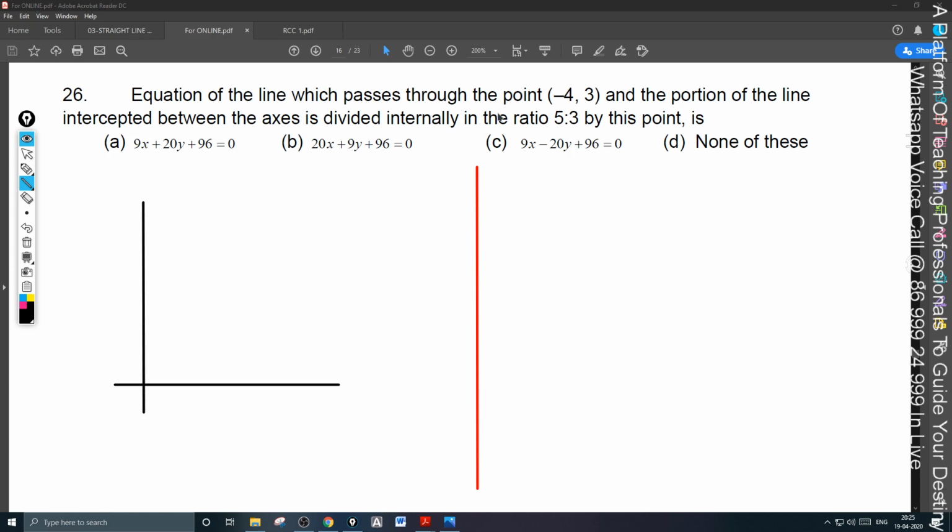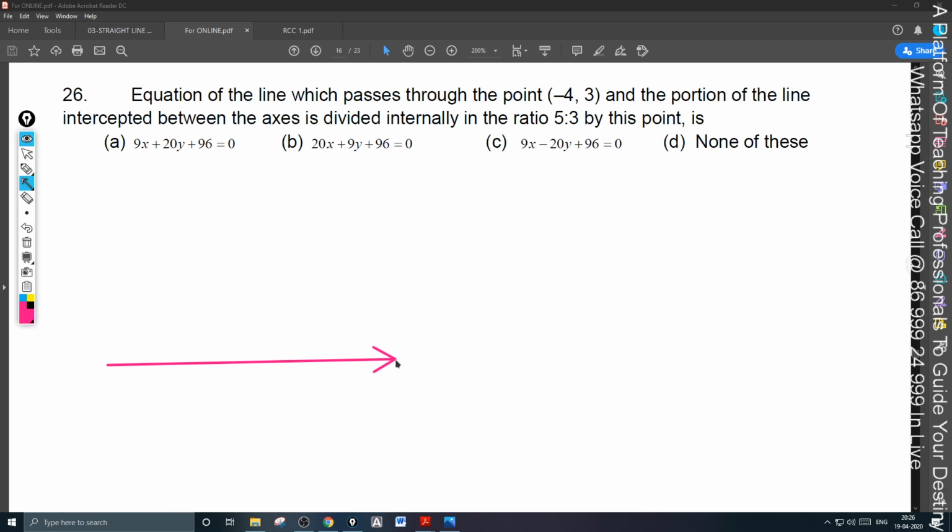What he's saying is the equation of the line passing through (minus 4, 3). Of course, (minus 4, 3) lies this side. Let me draw then the exact diagram, please. Just a moment, please. This is the x-axis. And this is the y-axis.